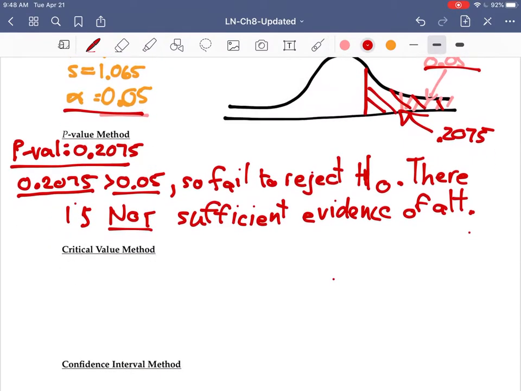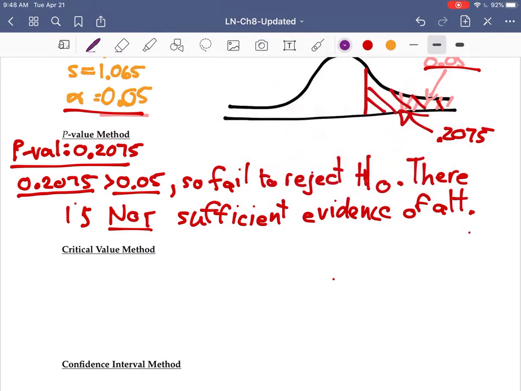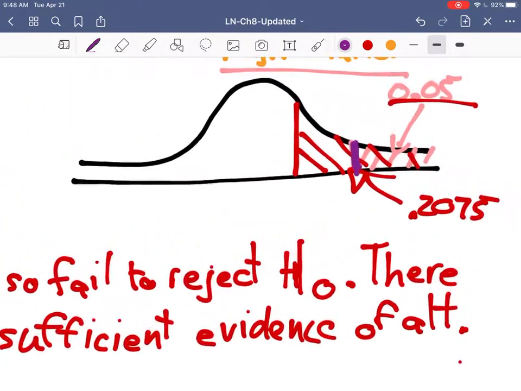All right, let's take a look at a second method. Our second method that we could use to come up with ultimately the same conclusion is the critical value method. Here we want to identify the critical value, and it is going to be back up in that graph.